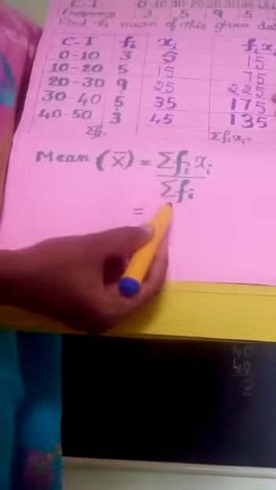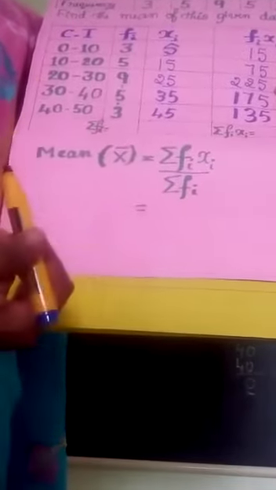Now again the same formula, mean is equal to sigma fi xi divided by sigma fi.